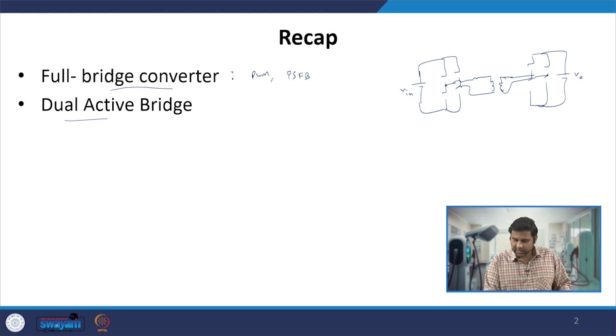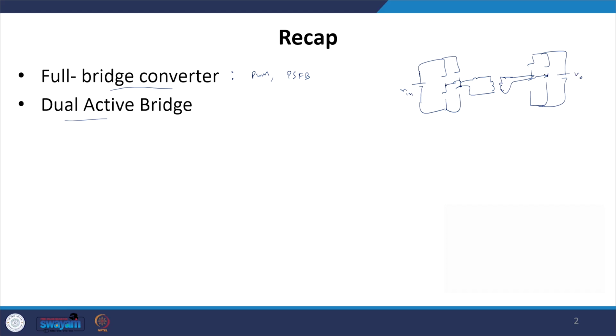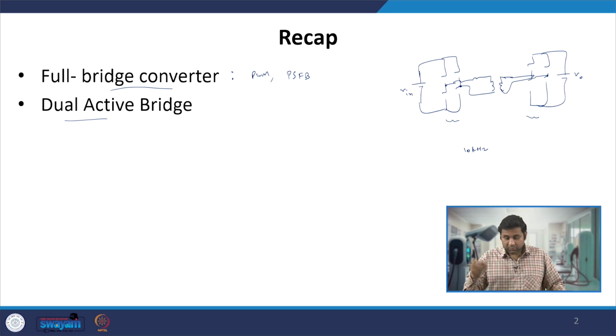On both sides we are applying voltages, and generally the switching frequencies are kept quite high, from 10 kilohertz upwards to 100, 200, 300 kilohertz, and now people are also talking about megahertz as well. So if you look carefully, we are applying a high frequency AC onto the terminals of this transformer, so we can say that this transformer is a high frequency transformer.